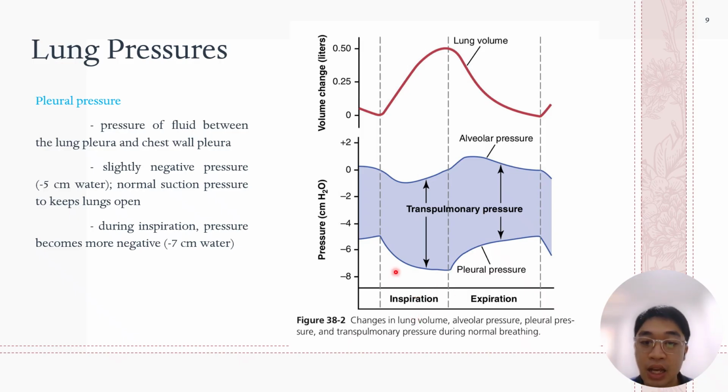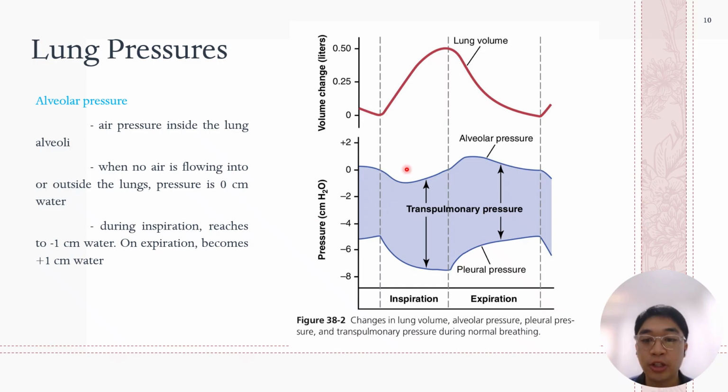Remember that in inspiration, the initial slightly negative pressure of approximately negative 5 centimeter water can become more negative, reaching negative 7 centimeter water here. If the pressure becomes more negative, as you can see on the volume change, the lung volume increases. That's how it is interpreted in the graph.